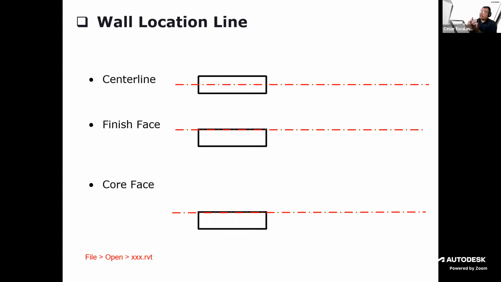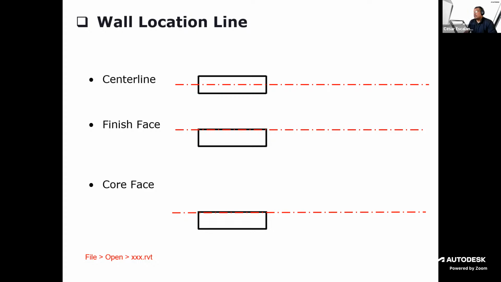But the vertical plane that anchors the wall to the ground is called the location line. By default, the location line is at the center line. But you can override that by picking either the interior finish face or the exterior finish face.